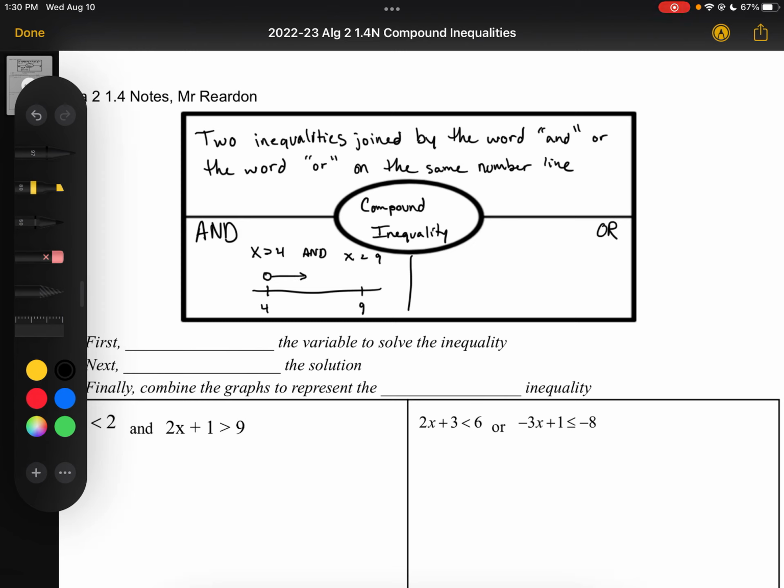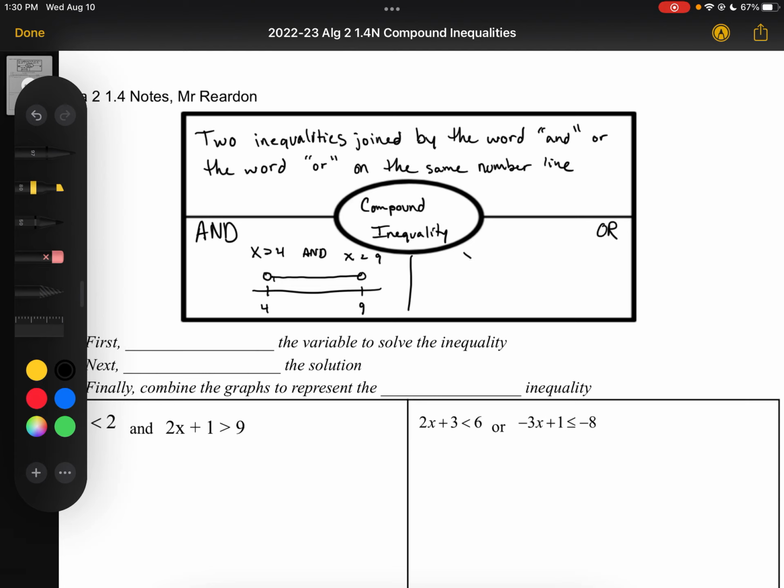Greater than 4, so we're going to go to the right. Less than 9, so we're going to go to the left. And the and inequality, what this really does is we see those two arrows go towards each other. It just changes this from being two separate inequalities to one inequality with a start point at 4 and an end point at 9. So that's the idea of looking at what an and compound inequality looks like.